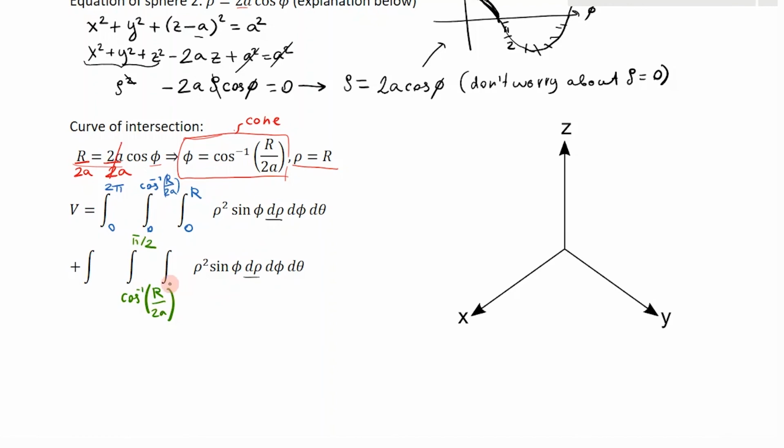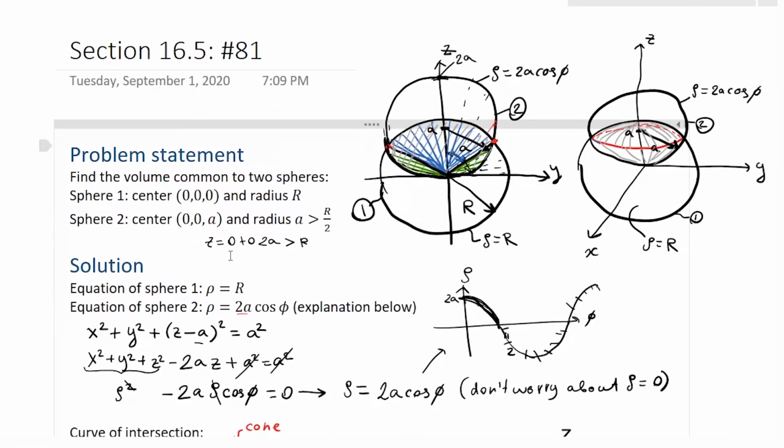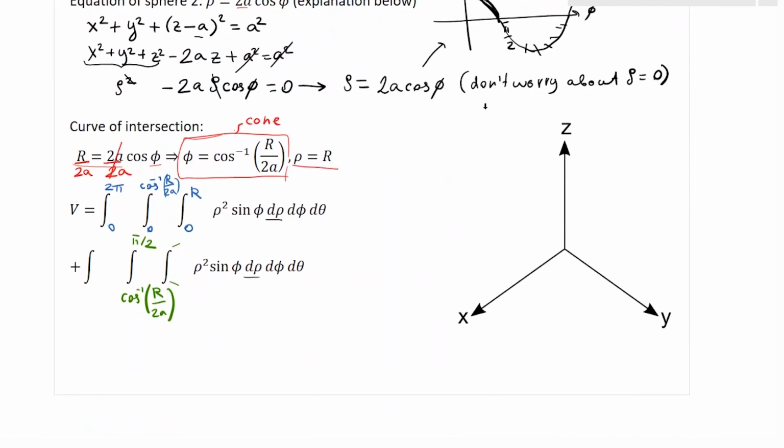Oh, and I actually haven't described these bounds yet. The bounds on rho are going to be from 0 to the surface of this sphere, 2a cosine phi. And the bounds on theta are 0 to 2 pi.